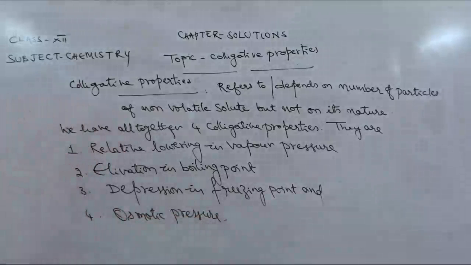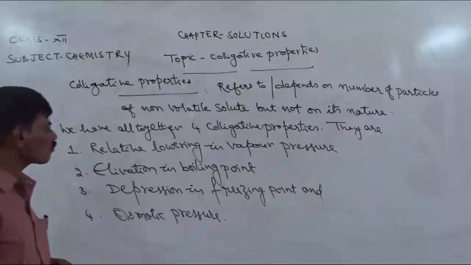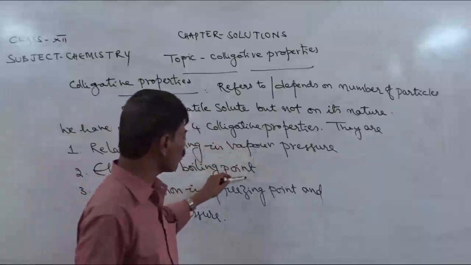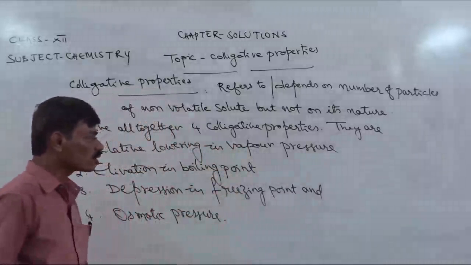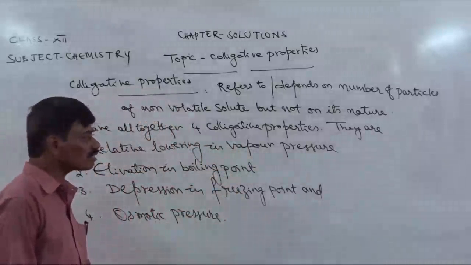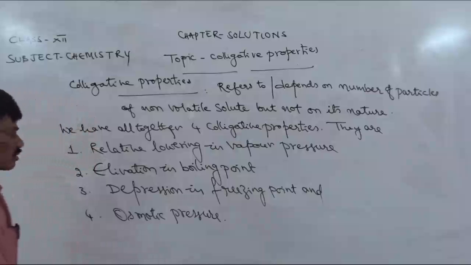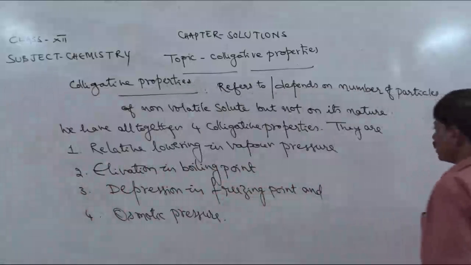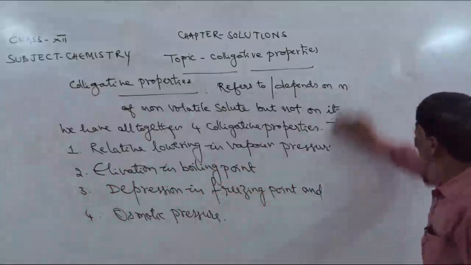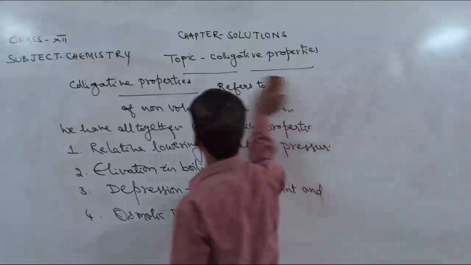These are the four properties, and these four properties depend on the number of solute particles in a binary solution, but not on the nature of the solute particles. That is why these properties are said to be colligative properties. Now let us see the importance of these colligative properties.